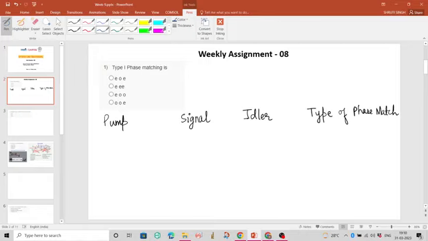So in the first one, we have the pump, which is what gets generated. And the signal and idler are the two wavelengths which we feed in.